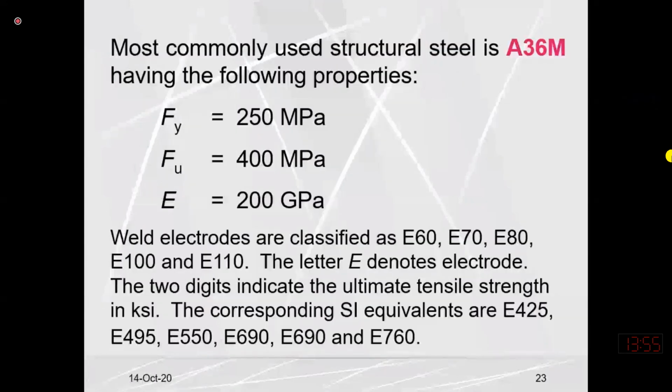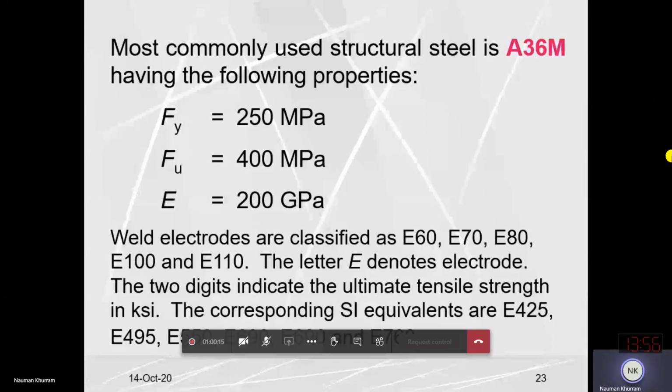In most cases in our steel structure design, among the steels available in the market, we have two steels. One is A36M, which is most widely used. A36M means a steel whose yield strength is 36 ksi, M for mild. To convert this 36 into megapascal, just divide 36 by 0.145, because 1 megapascal is equal to 0.145 ksi or 145 psi.